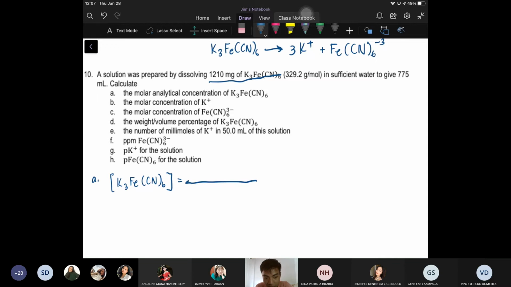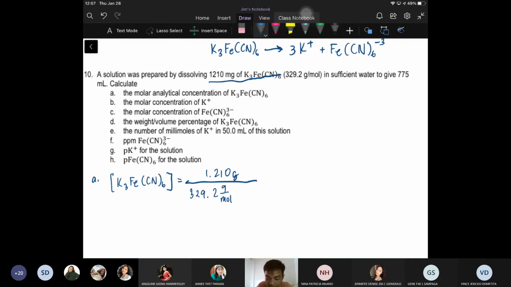However, naka-milligram to. Gagawin natin tong grams. 1210 divided by 1,000, 1.210 grams. Ano yung molar mass niya? Given naman. So, kopyahin na lang natin yun. 329.2 g/mol.